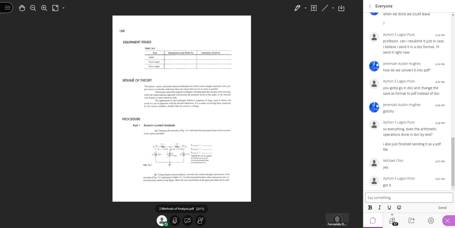And everybody's present here. So is there anyone here who sent me the lab and I need to mention your name? This is when we're going to clear up whoever is sending the lab to different emails. Michael Chin. Let me see.